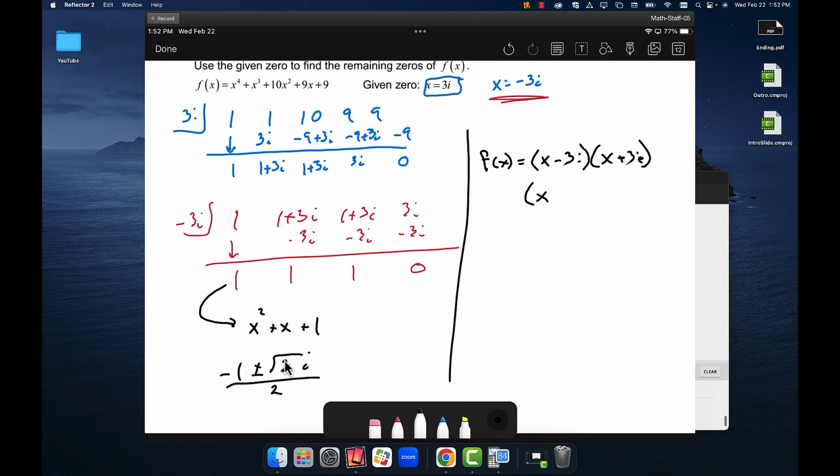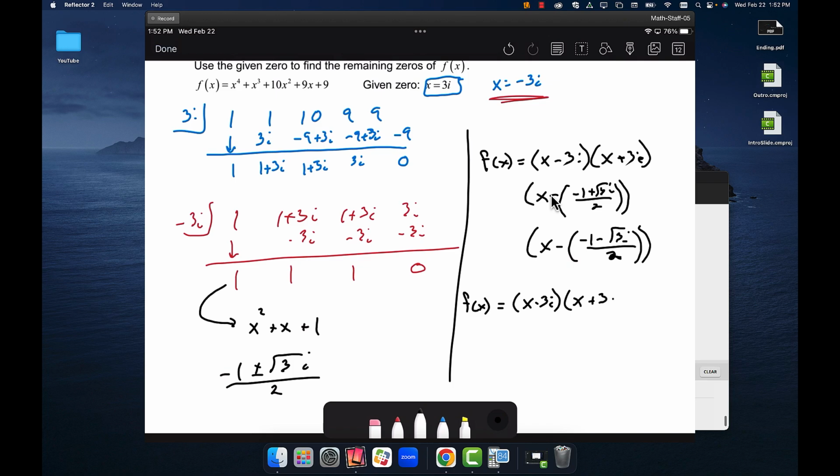So this is going to get a little tedious. We need to write each of these separately inside the parentheses here. So we have x minus the first value, negative 1 plus the square root of 3i over 2. And then we have the next one, x minus negative 1 minus the square root of 3i over 2. And then if we go through and simplify this, f of x is equal to x minus 3i times x plus 3i.